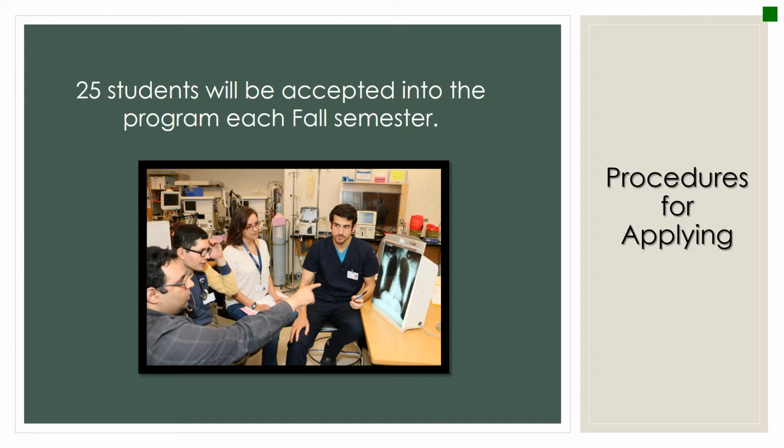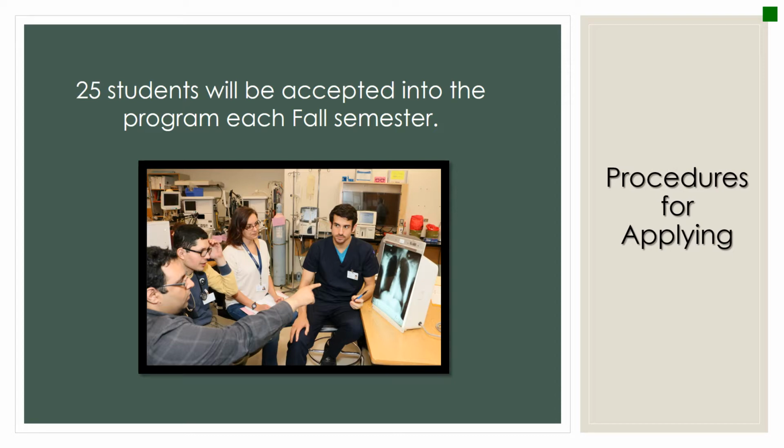Generally, 25 students are accepted into the program each fall semester. This program is now a competitive admission program. The rules that are followed for competitive admission include grades for Bio 141 and 142. A grade of A will be ranked higher than a grade of B, and so forth.